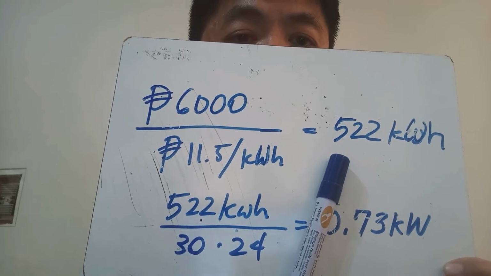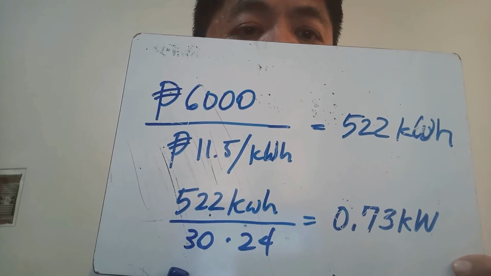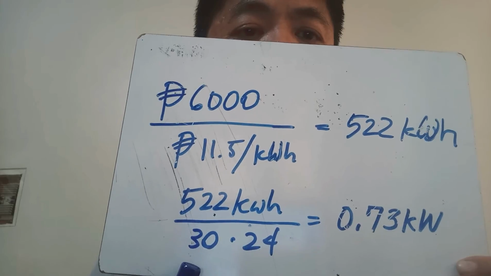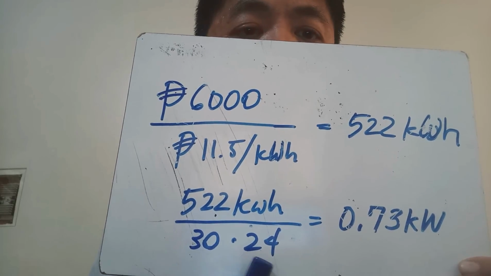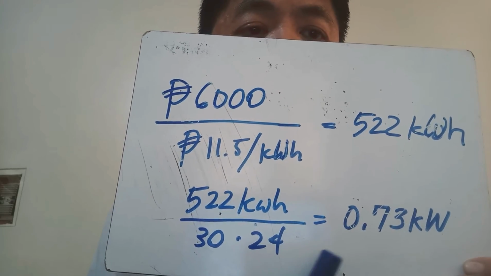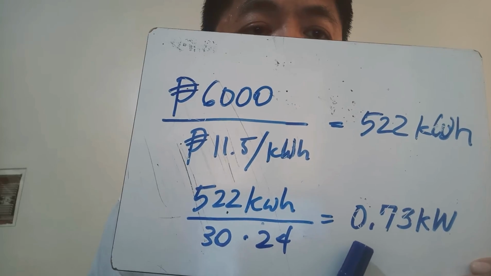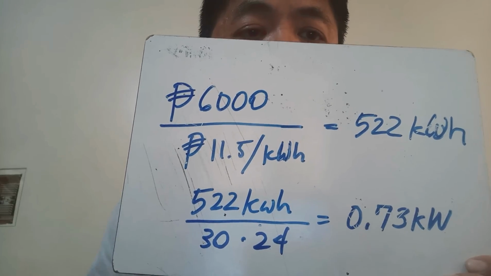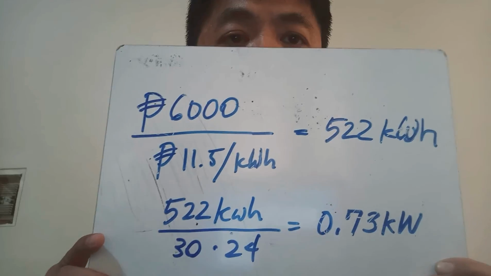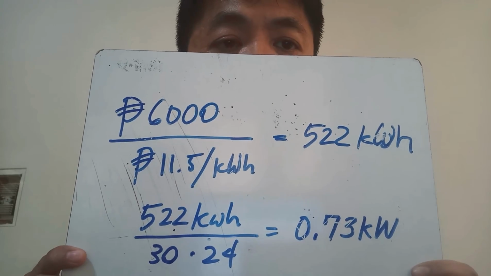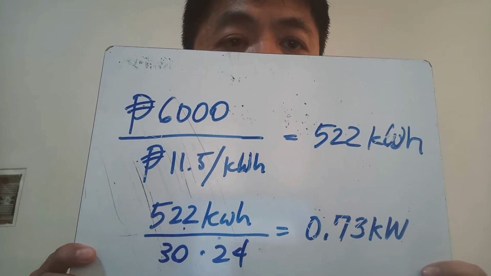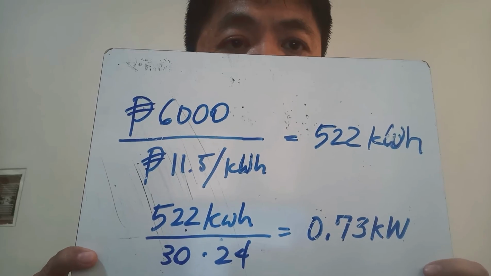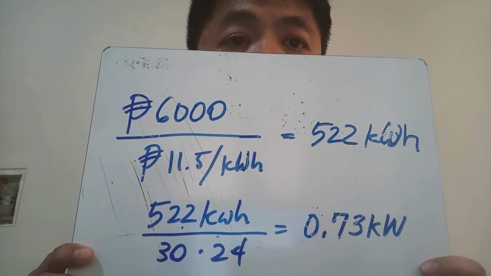We divide it by 30 and you get the kilowatt hours per day. Since there are 24 hours in a day, you consume 0.73 kilowatts or 730 watts. So that 730 watts will be the basis of how much solar power we will use so that you can save energy.